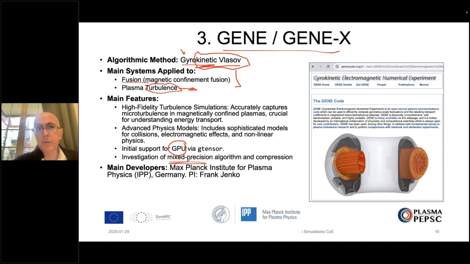The community itself always uses double precision, but there is a lot of work by the developer team of GENE in assessing how good or how bad mixed precision and compression are. This is work that can potentially change the whole future of plasma simulation, because if you are capable of using this, we are able to have way higher computational efficiency.